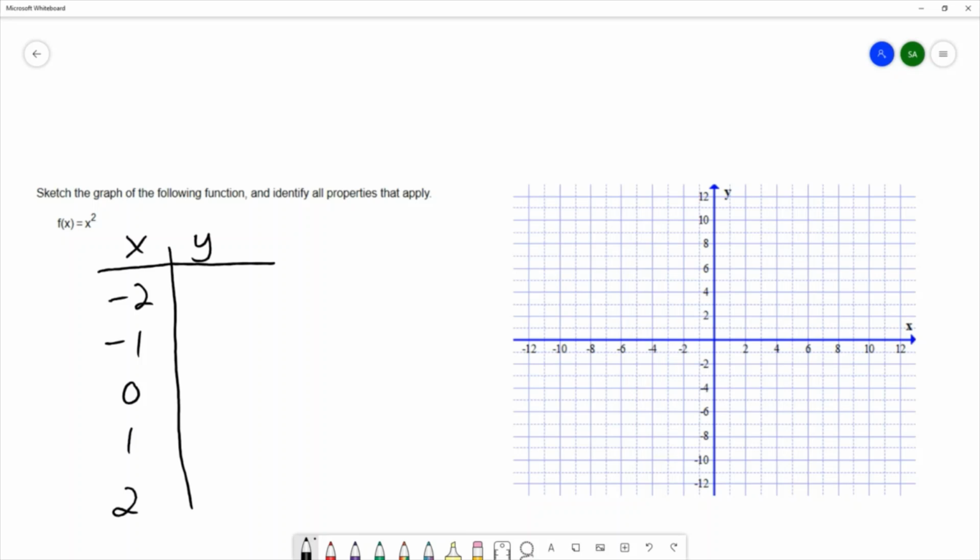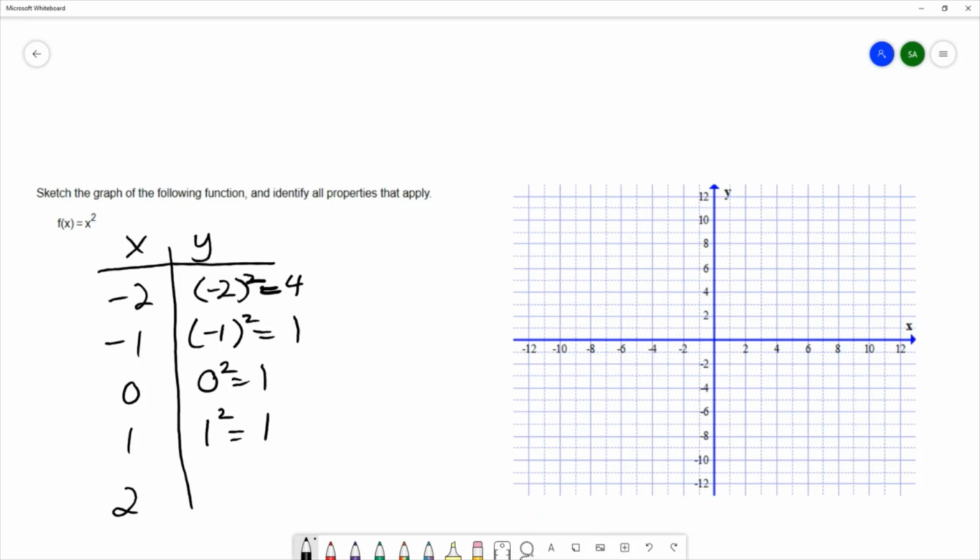So if I substitute in a -2, that would be -2 squared is +4. -1 squared is +1. 0 squared is 1. 1 squared is 1.